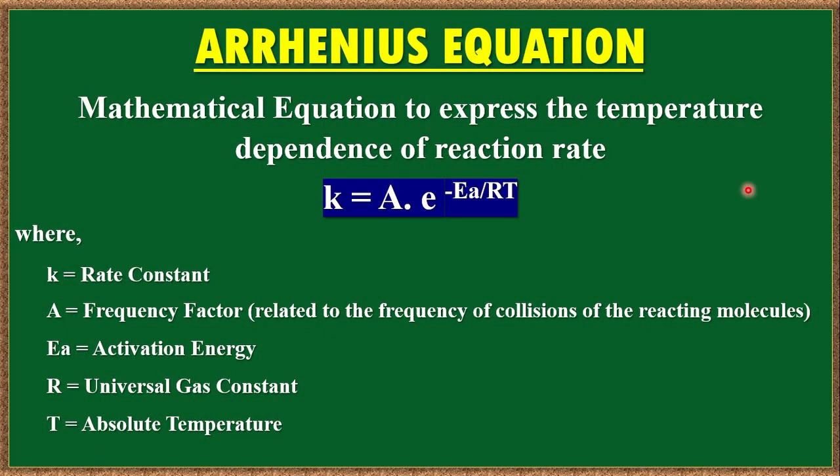Activation energy is used to express the temperature dependence of the reaction rate, and the equation with which we can express this dependence is called the Arrhenius equation. We have covered this in short while studying the factors affecting the reaction rate.